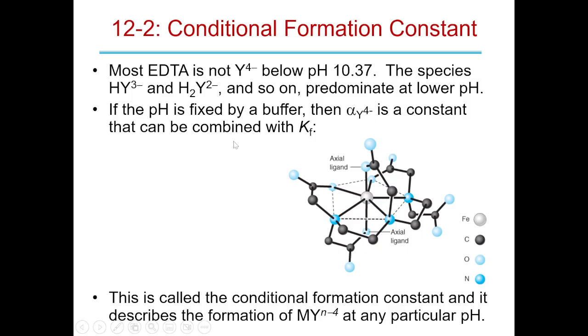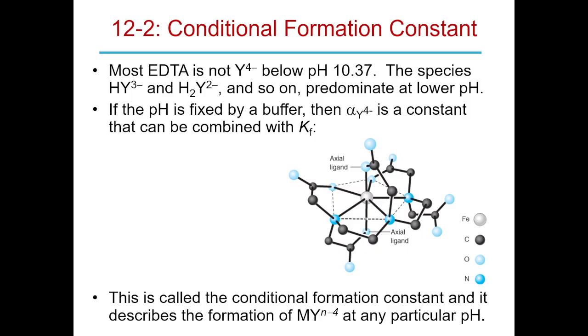So what we typically do when we use EDTA is fix the pH using a buffer system so that the alpha of the Y4 minus would be constant. This can then be combined with your Kf, and you can do the math to figure out the concentration of everything that would bind it. It's very difficult to get the Y4 minus up to 100%. We would have to be at pH 12, 13. Those are very high pH conditions, aren't they?